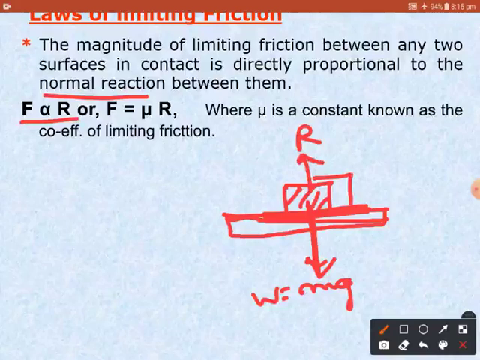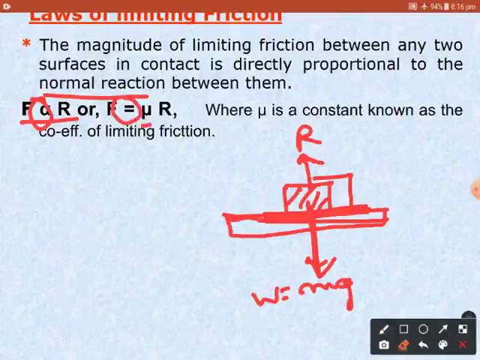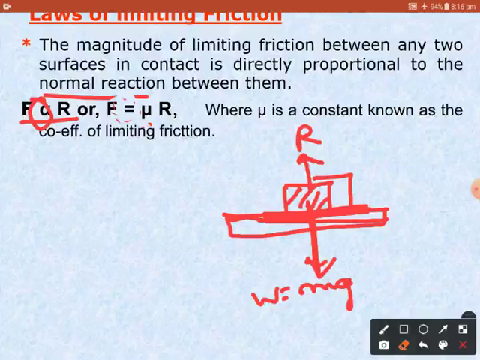Got it? And if you want to change this proportionality into equality, then we require a constant. This constant is known as the coefficient of limiting friction.